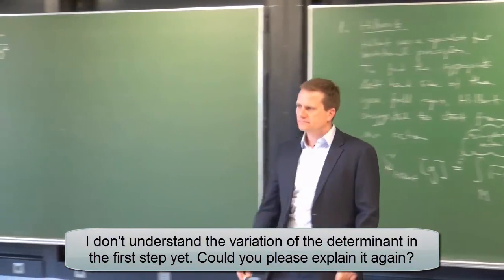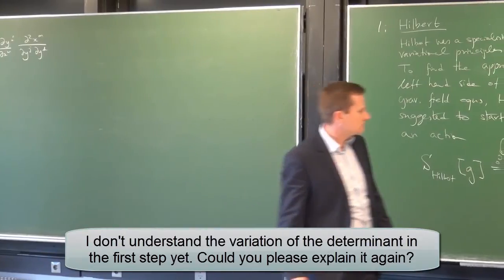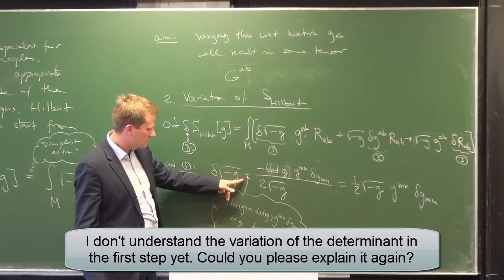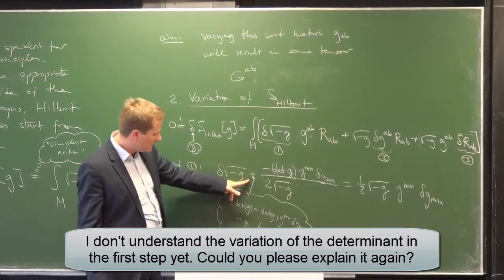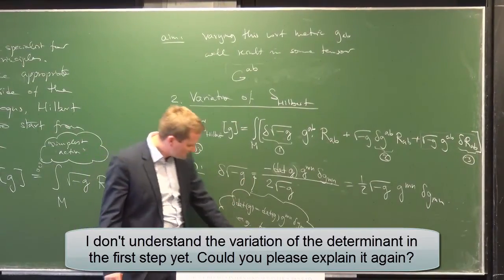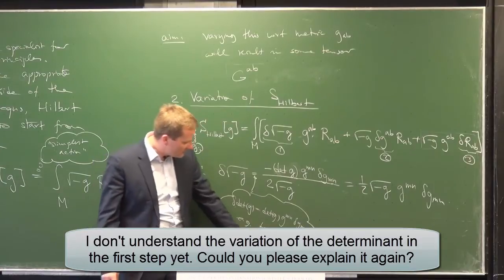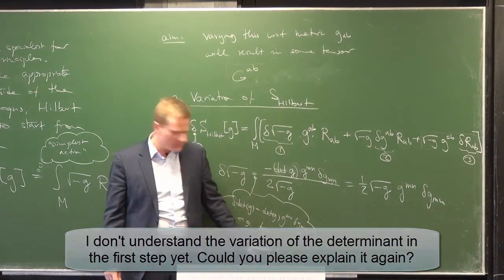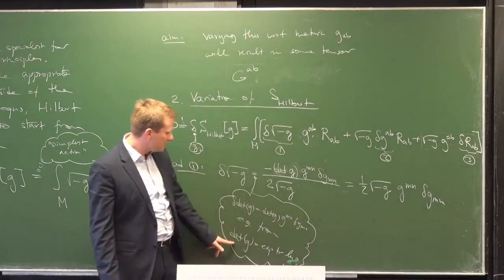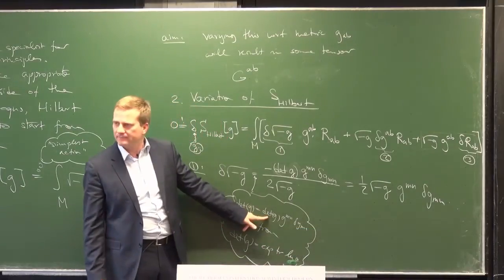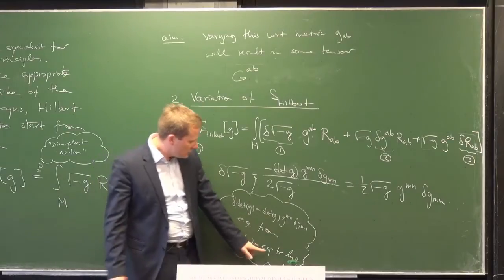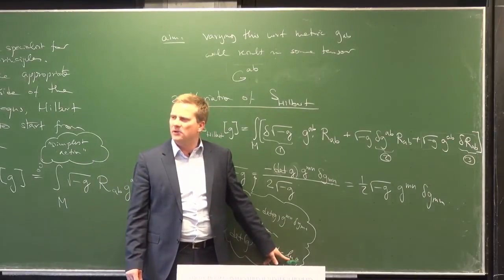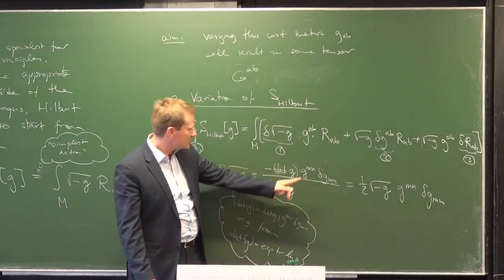I do not see this first part, where it's determined by exponent trace logarithm of the metric tensor. Well, if you vary exp, you get exp trace ln g, that reproduces the determinant again. But then you have to take the inner derivative, and the inner derivative of ln is 1 over, that's the inverse.